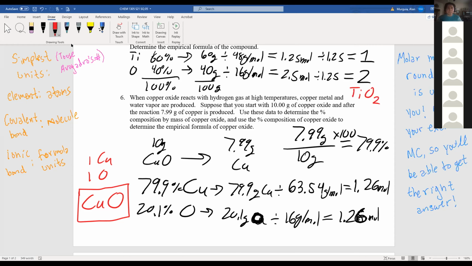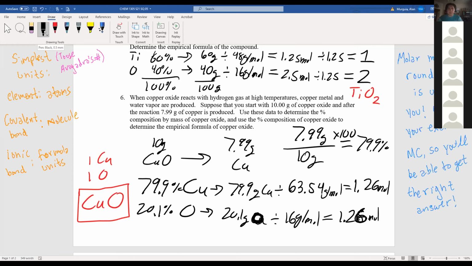Question. Go ahead. At the beginning, why do we divide by 10 grams? Because we see here that in the reaction, from 10 grams of copper oxide, we make 7.99 grams of copper. And remember the conservation of mass, where you must have the same amount of mass that you began and ended with. Since the copper got removed from this oxide in the reaction, there's 7.99 grams of copper out of this 10 grams.